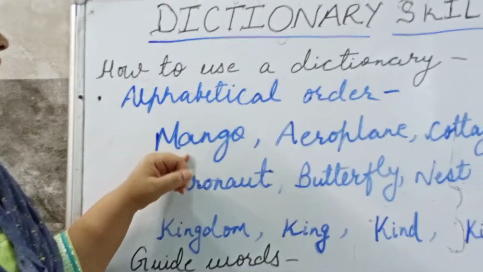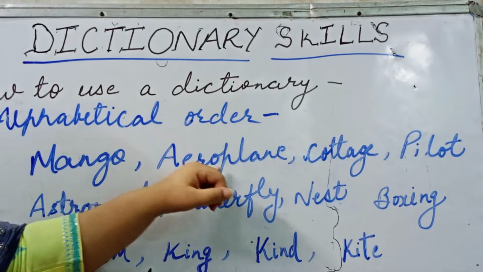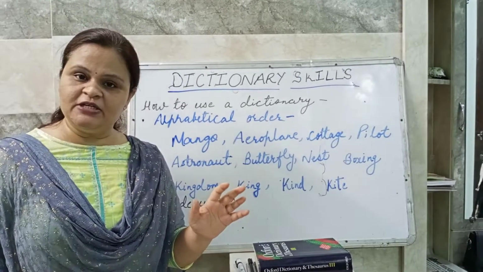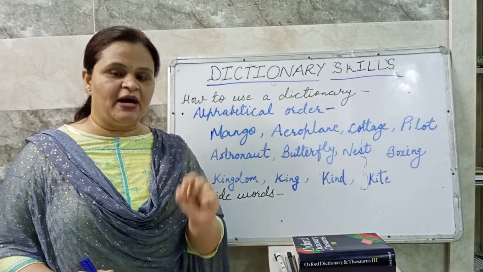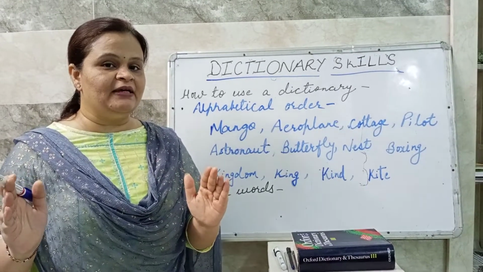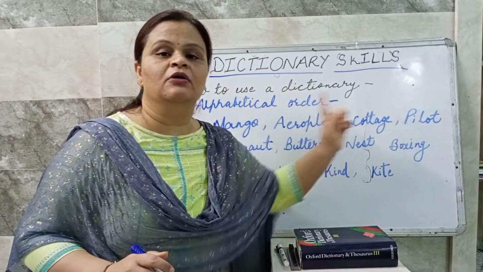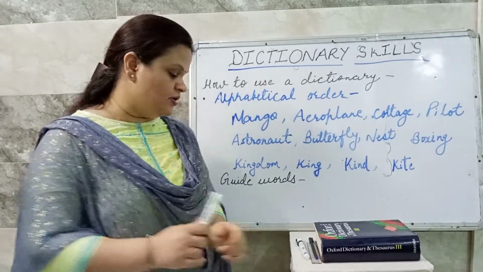Now see, here 4 words are written: mango, aeroplane, cottage and pilot. So the first thing you keep in your mind while arranging the words alphabetically is to see the first letter of every word.